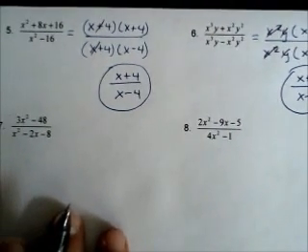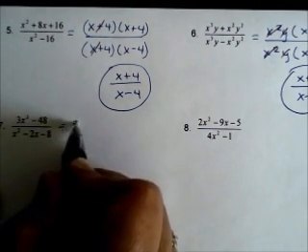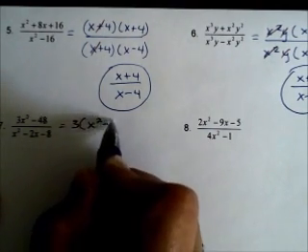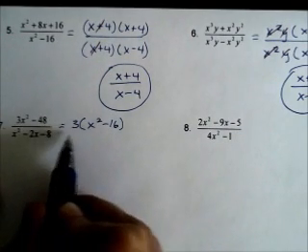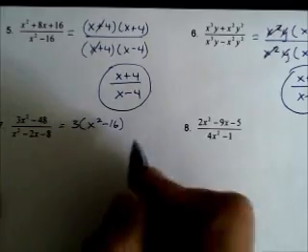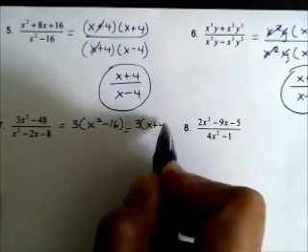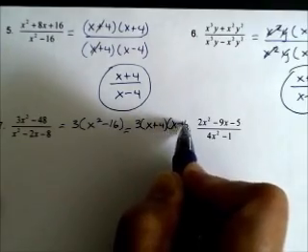Next, number 7, GCF of 3, take out 3. You get x squared minus 16 in parentheses. Notice that you can factor this further, all right? So that's going to factor into x plus 4 times x minus 4.